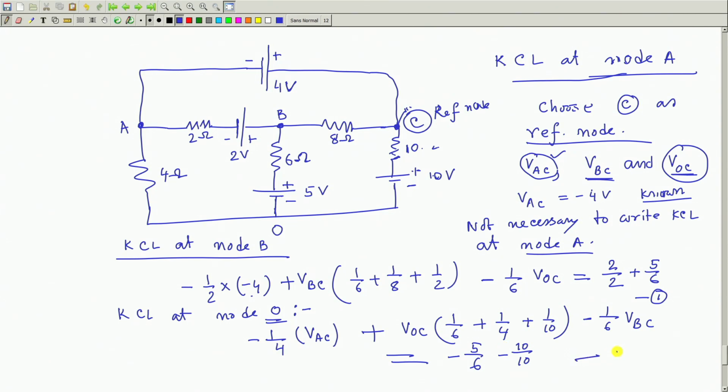So, that is all, these are the two equations, of which VAC is known, equal to minus 4 volt.